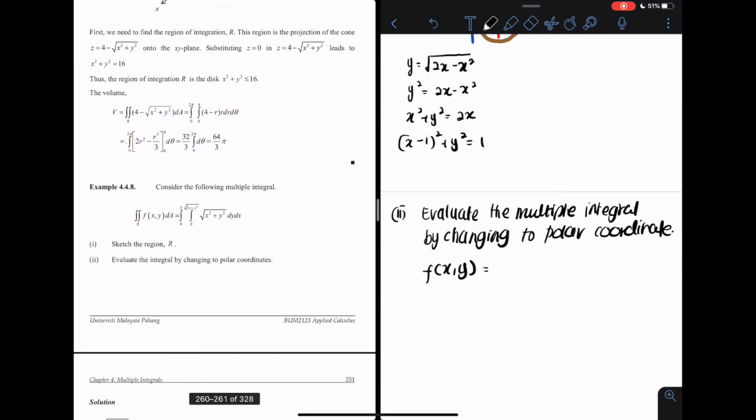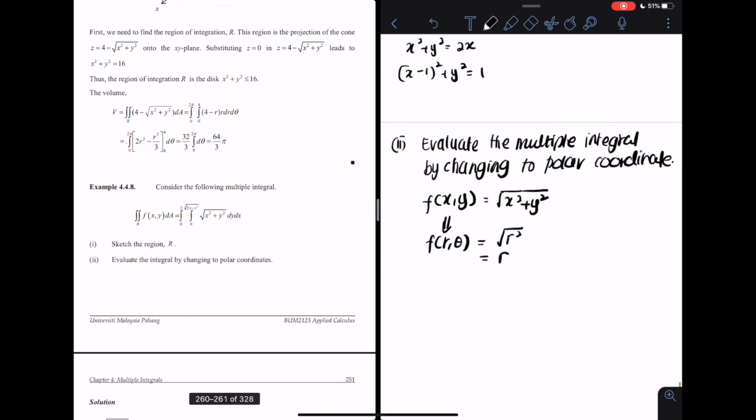Okay, the function given to us is f(x,y) equal to x squared plus y squared. So you have to transform it to f(r,theta). Then you will get r squared, which is as simple as that. And then try to set up your own double integral.